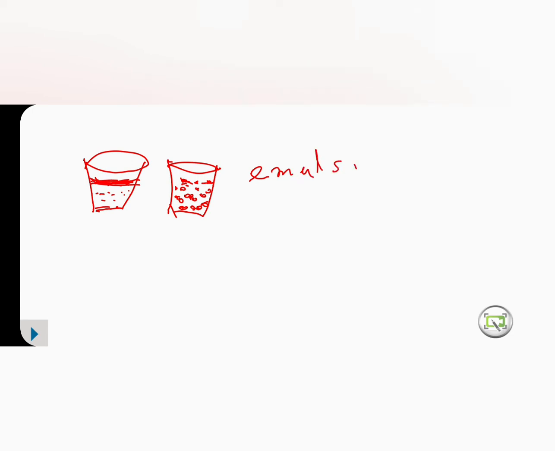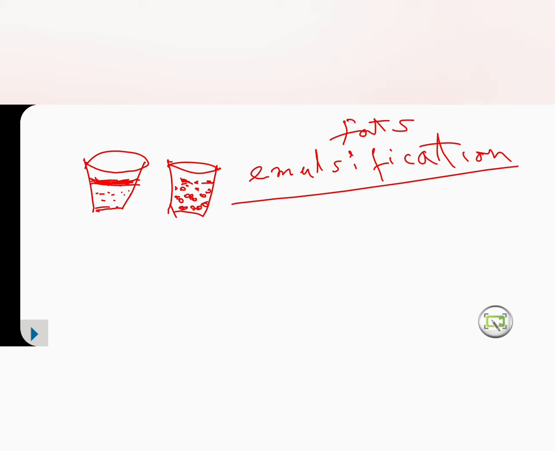Unless emulsification occurs, no digestion of fats would occur. So emulsification is a must for the digestion of fats. After emulsification, these fats can be digested easily by the action of lipase.